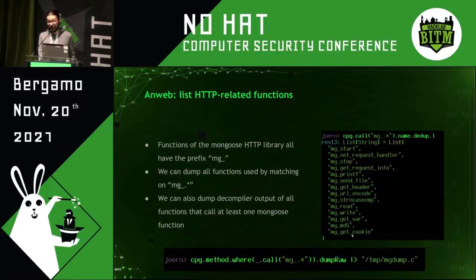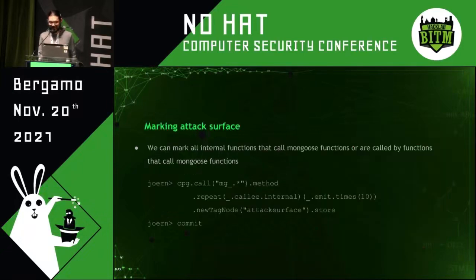Then you have getCookie that gets stuff from cookies, pretty standard stuff. And then you can dump out all of the decompiled functions of methods that call one of those mg functions, and just dump that to a file. That's pretty nice. That means you can scroll through it and get a good idea of the first responders in the HTTP chain, right?